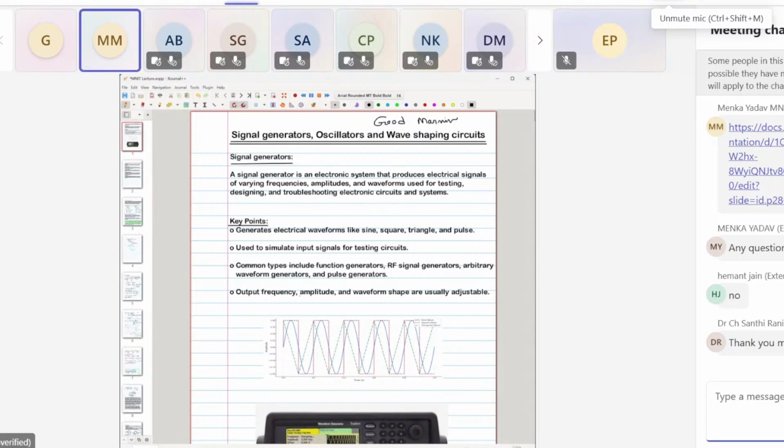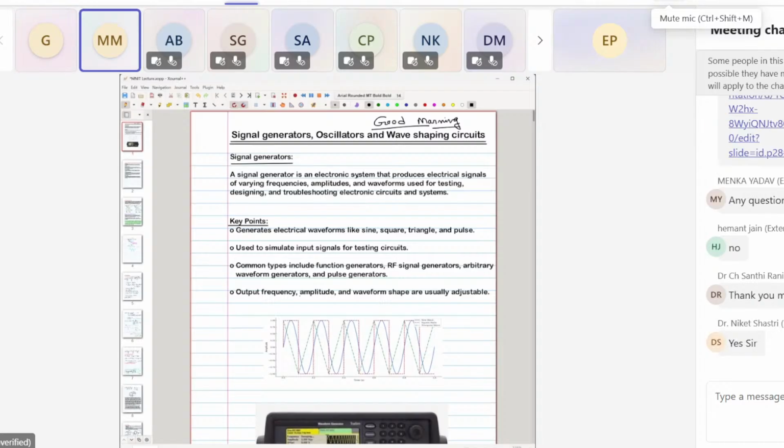Yes sir, it's visible, but make it full screen so that it occupies the full screen. I'm just sharing one of the windows. Okay, fine. Thank you so much, sir. Please proceed.